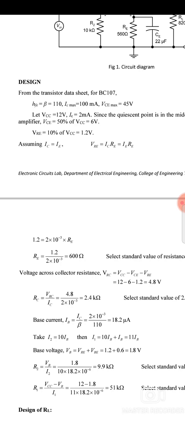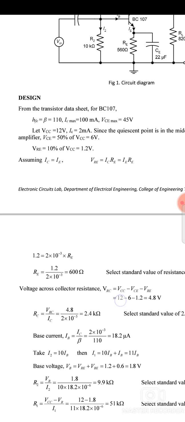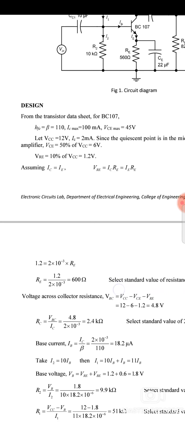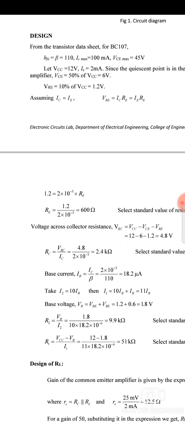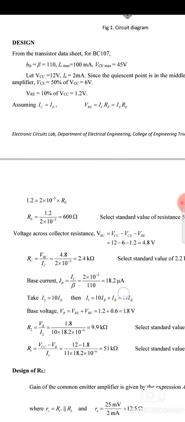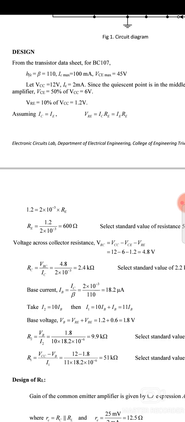IE is 2 into 10 power of minus 3, 2 milliamps. That is the IC value, already assumed. So 2 into 10 power of minus 3 into RE is equal to 1.2 volts, since VRE is 10% of VCC. Then RE is 1.2 by 2 into 10 power minus 3, which is equal to 600 ohms.